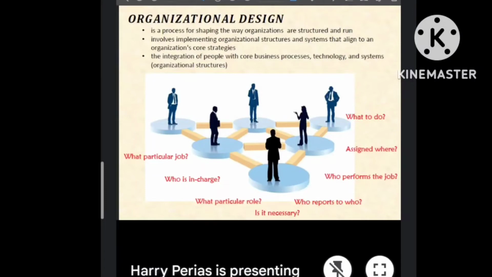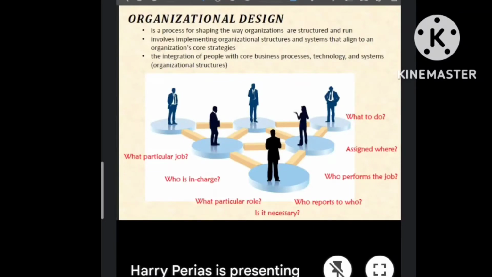What is the particular job? Who is in charge? What is the particular role? Is the job or the role necessary in the production of goods and services? Who reports to who? Who performs specific jobs? And where are the people assigned?